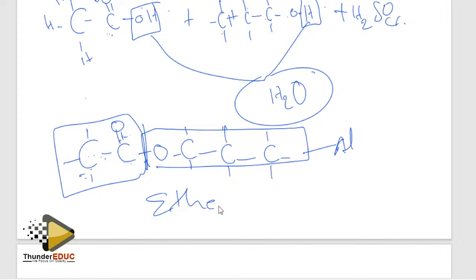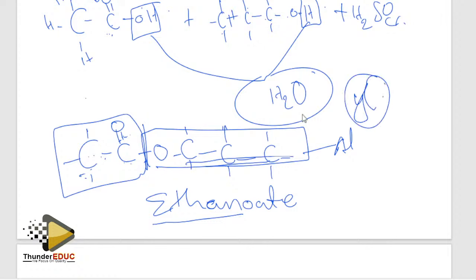Don't forget I say that. You go up to this point. Ethanoate. But now you have this side group. Remember, once you add YL, it means that this is a side group. 1, 2, 3. So it is 3 of them. So it's prop, and then I add YL, propyl ethanoate.